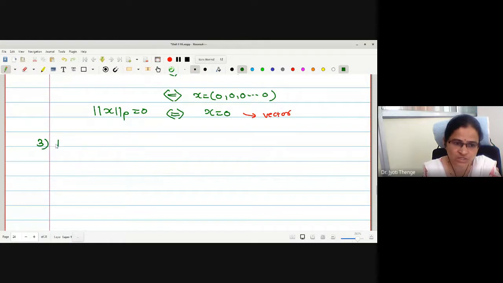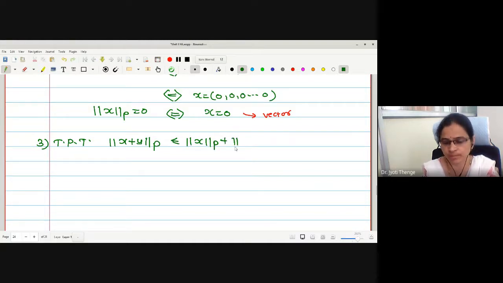Let us move towards the third step. Norm p of x plus y is less than or equal to norm p of x plus norm p of y. Right? Now here I will just take two cases. What happens if p is equal to 1 and p greater than 1?